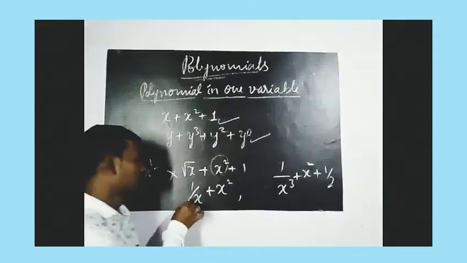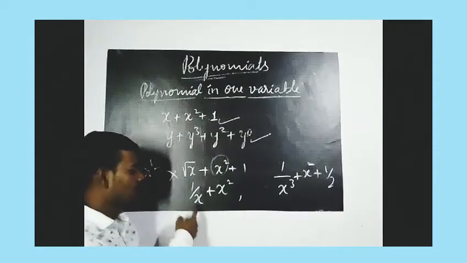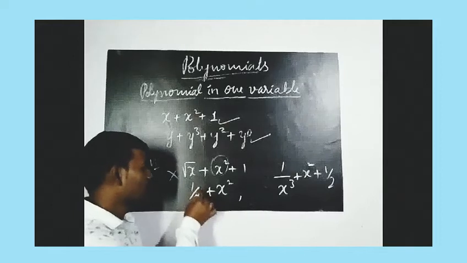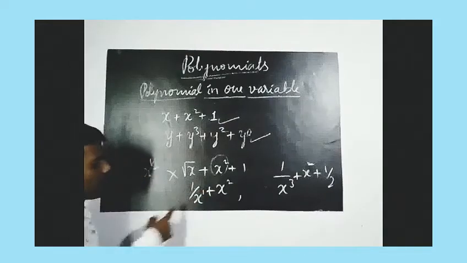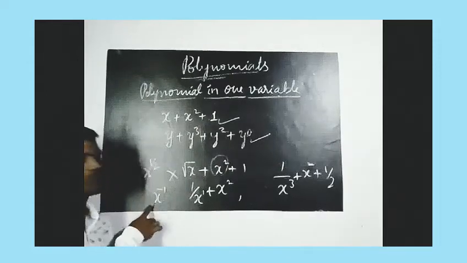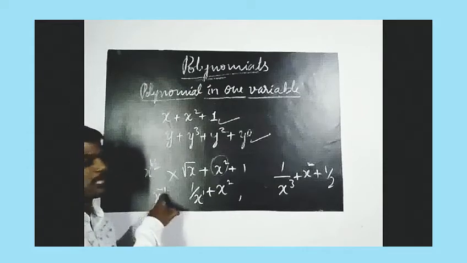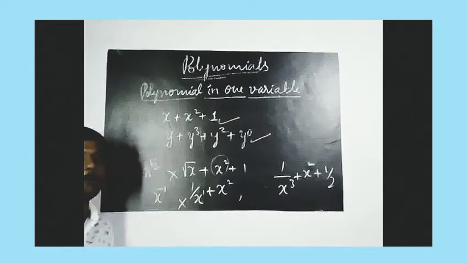Next, here 1 by x plus x square: 1 by x is the reciprocal, so we can write it as x to the power minus 1. Its exponent becomes negative, so that is also not a polynomial.